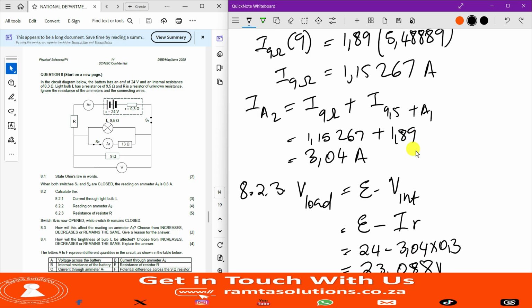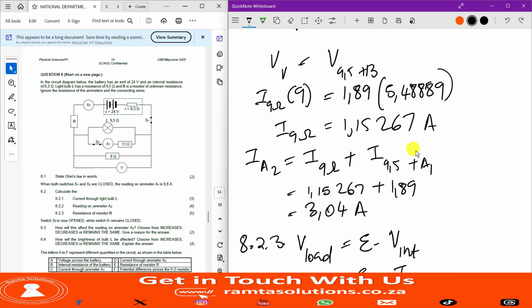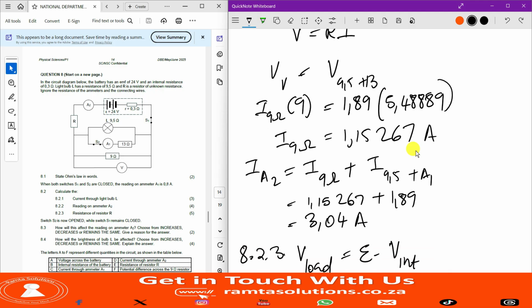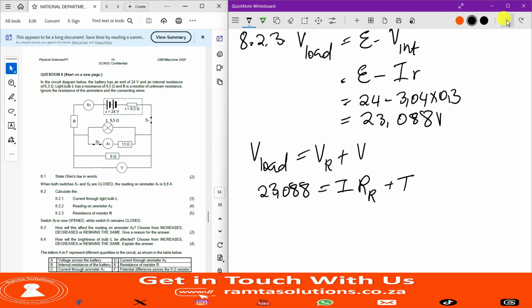It is 1,15267 multiplied by 9. Then we are done. But before I do that, I feel like it'll be so wrong of me. Let me just say this will be current on the 9 ohm multiplied by resistor R9.